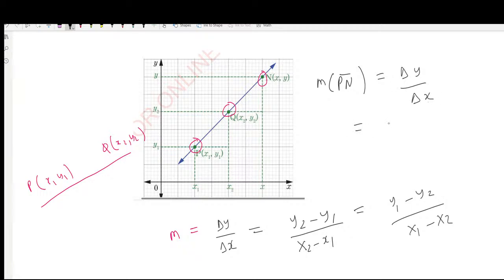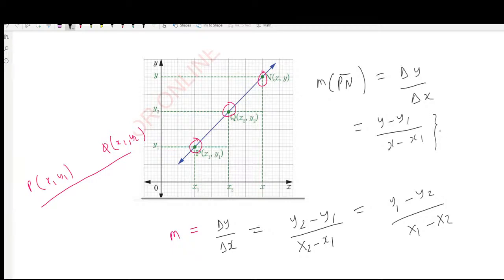In this aspect, you'll be having y minus y1 over x minus x1.